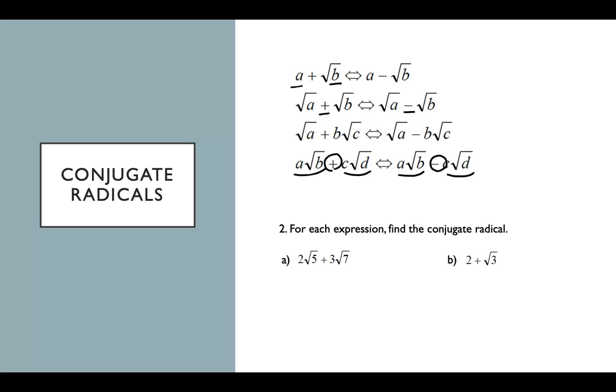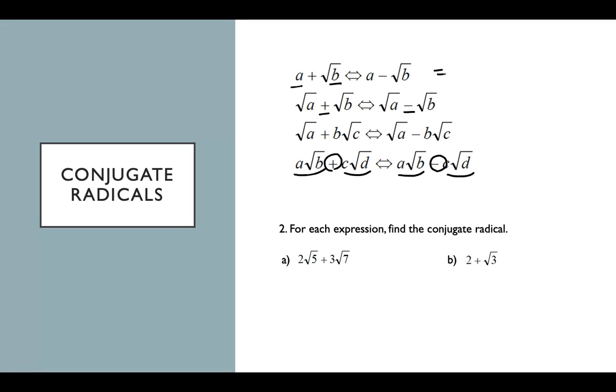Okay, so why do I need to know the conjugate radicals? When you multiply conjugate radicals, it's a shortened version of doing FOIL. So if I were to multiply these two, for example, a plus square root b times a minus square root b, first of all, what you would do is FOIL.